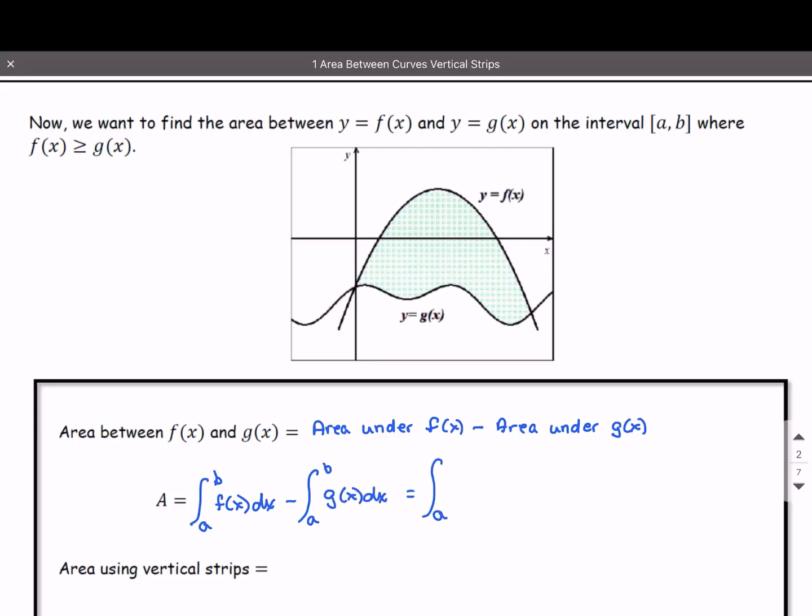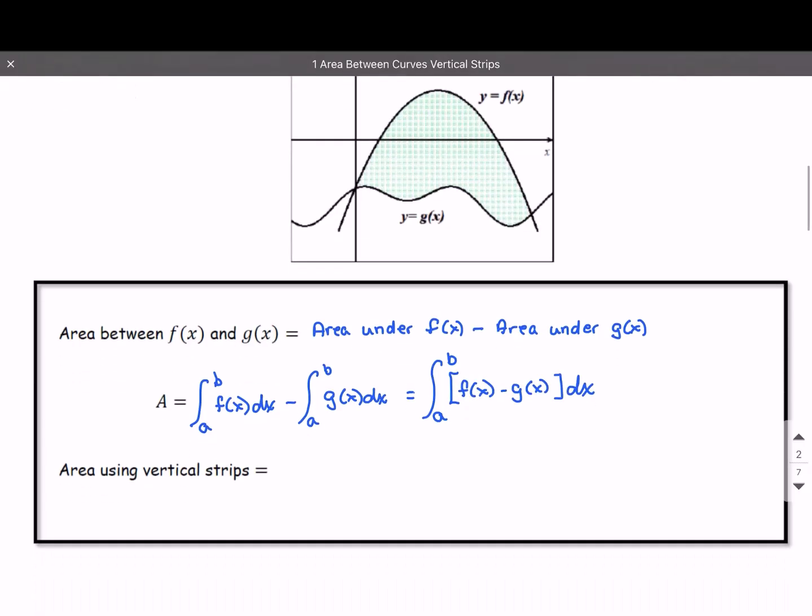We can write that as one integral from a to b of f of x minus g of x dx. So when we're using vertical strips in terms of x, it's the integral from a to b of the top curve minus the bottom curve dx. So whenever we're integrating for area in terms of x, it's the top curve minus the bottom curve.